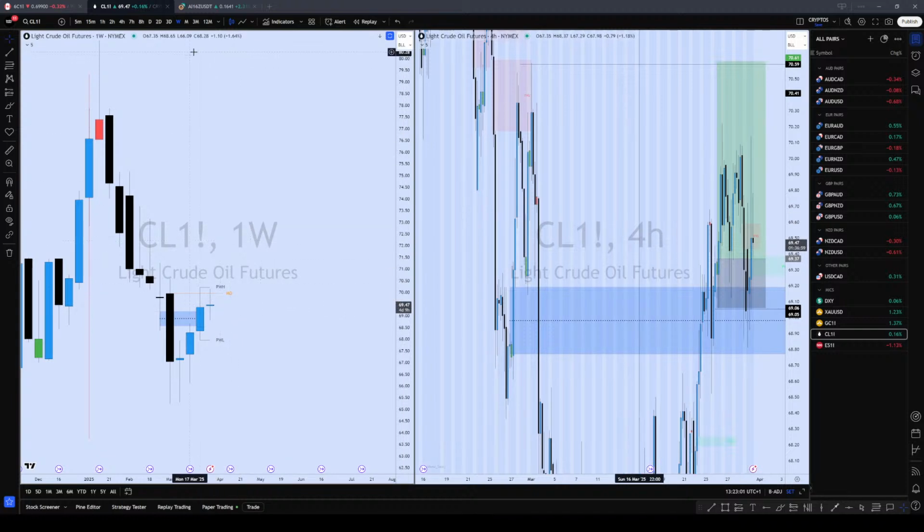Now, this year has been a very, very unique year for the crude oil market, because usually this is not what happens. We normally go up for the month of January to March, and then April we have maybe a pause, and then we continue till June. But this year it's been different.